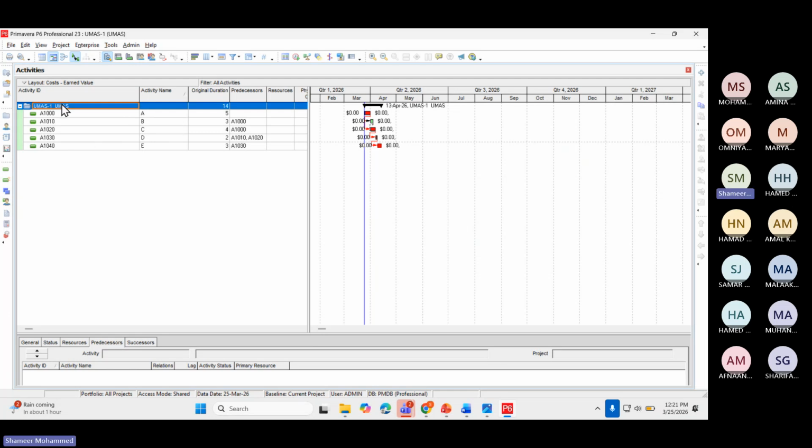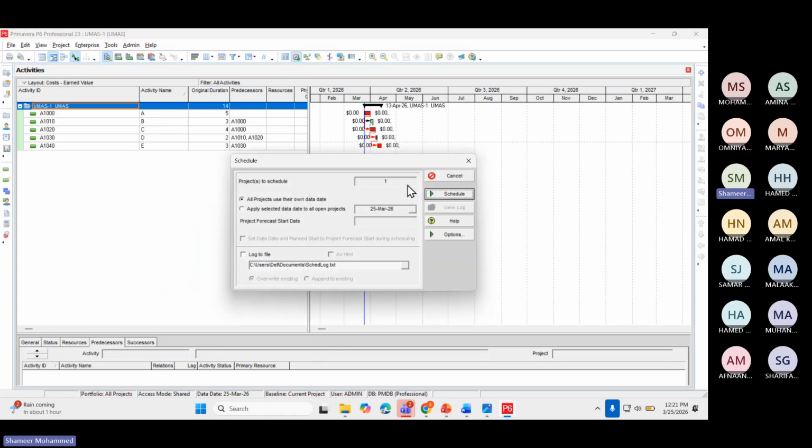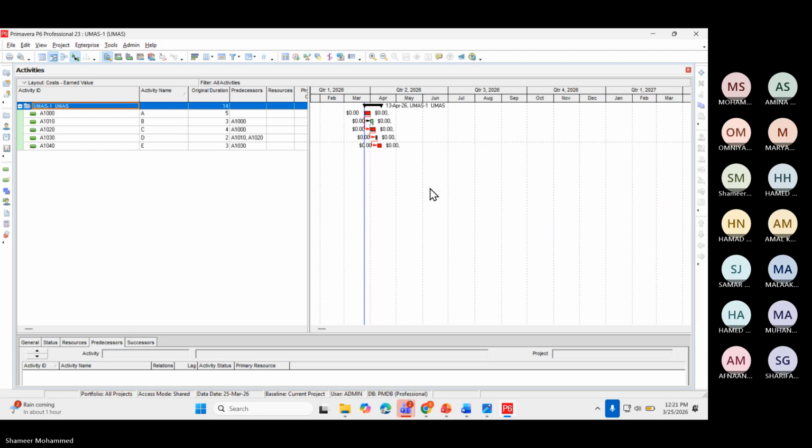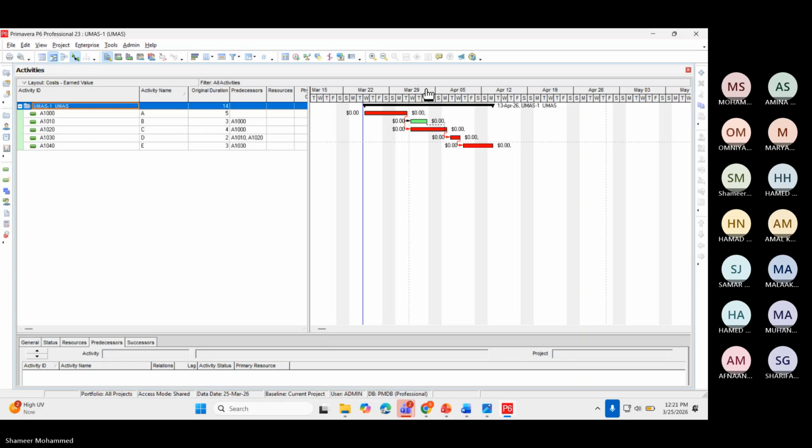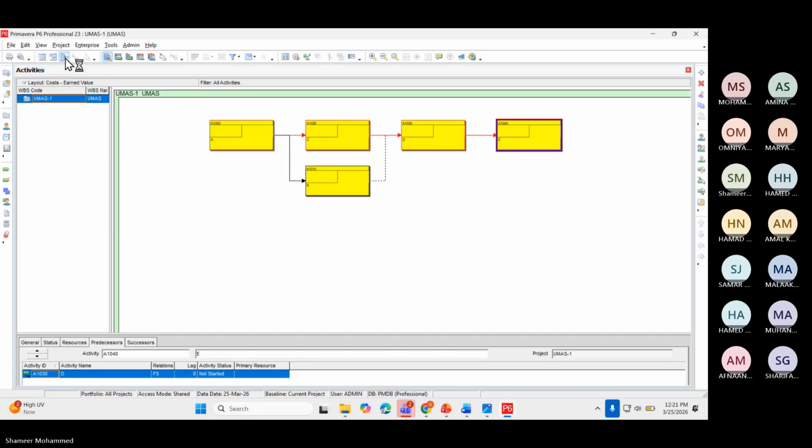Some students have practiced this in the last class. Yes or no? Like this. This is your Gantt chart. This is your activity table. And this is your network diagram.